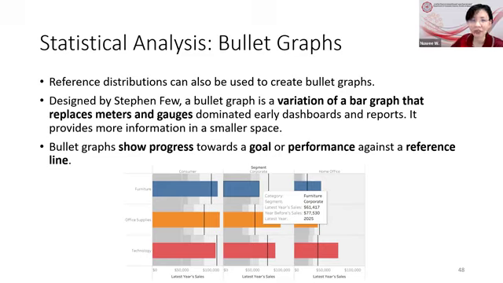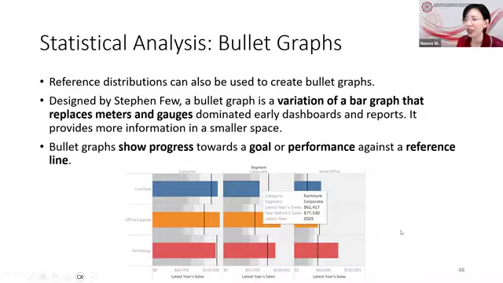Few, is actually a bar graph that replaces meters and gauges in the dashboard and report, using just a bar graph with some progress towards the goal or the performance. That means the goal or the performance will become a reference line in our graph.